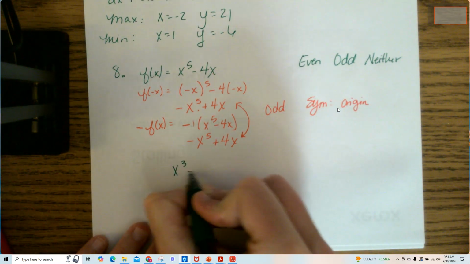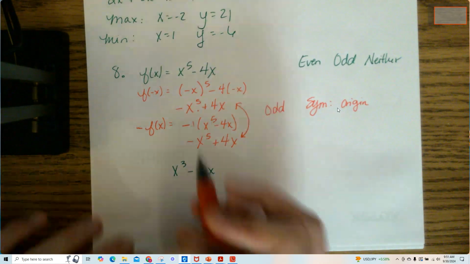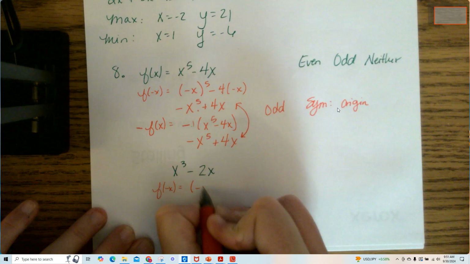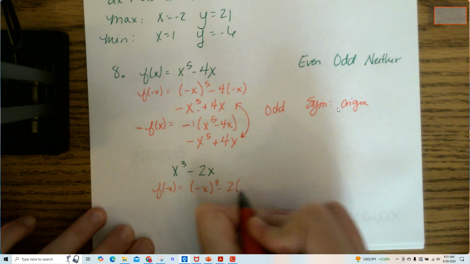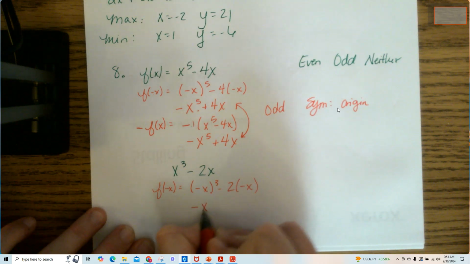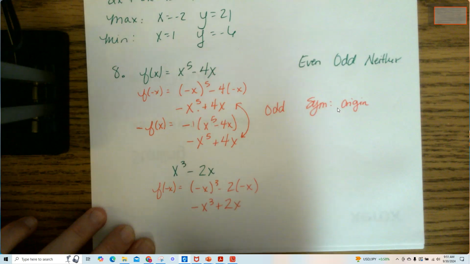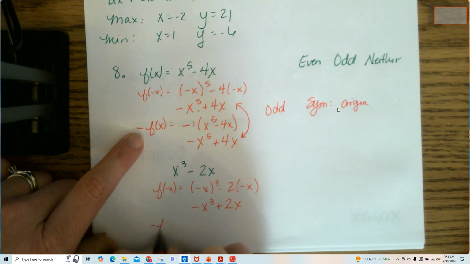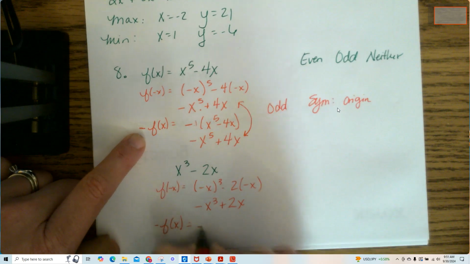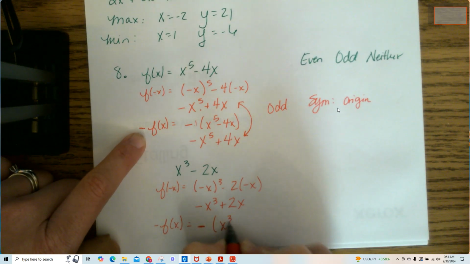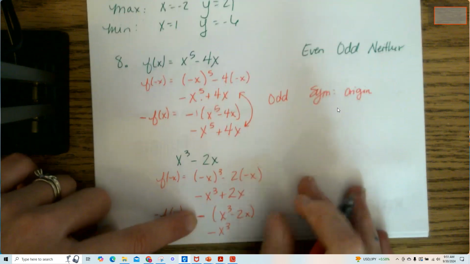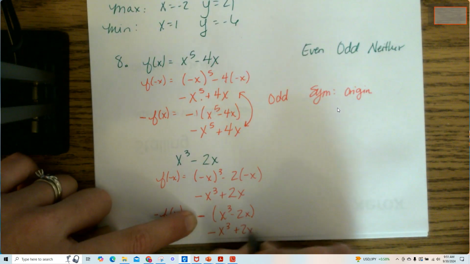X cubed minus 2x. So f of -x would be -x cubed minus 2 times -x, which would be -x cubed plus 2x. Doesn't match, so it's not even. And then negative f of x would be the negative sign out in front of the whole thing, which gives me -x cubed plus 2x.